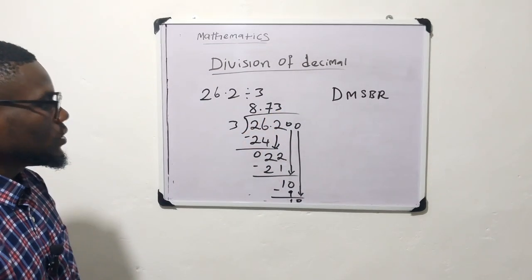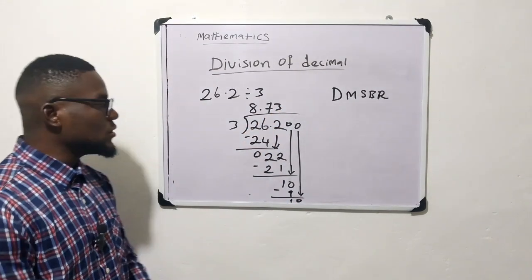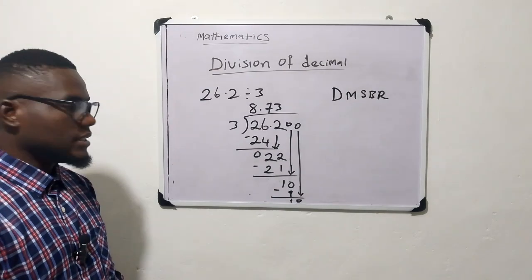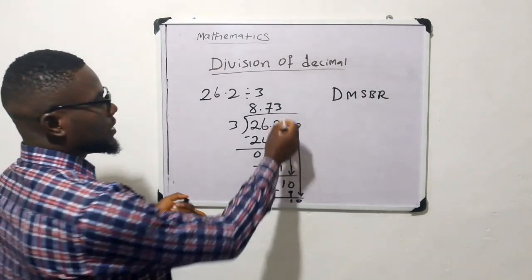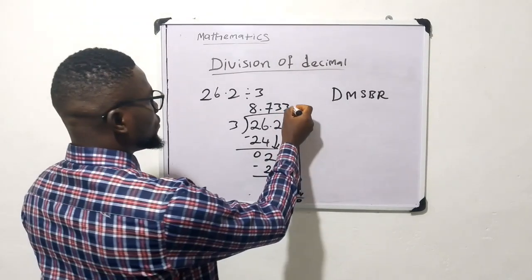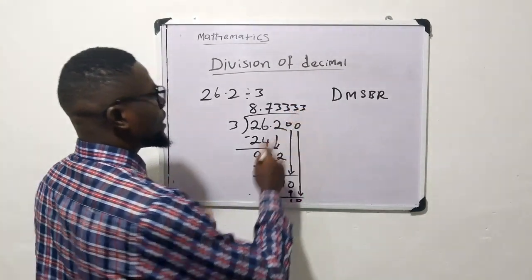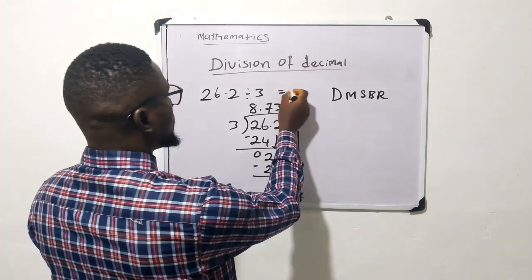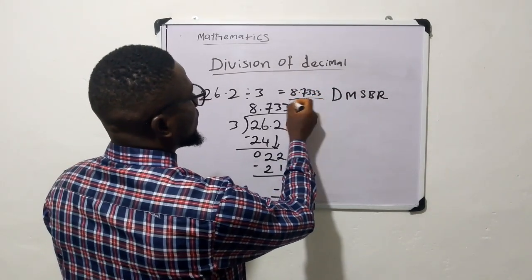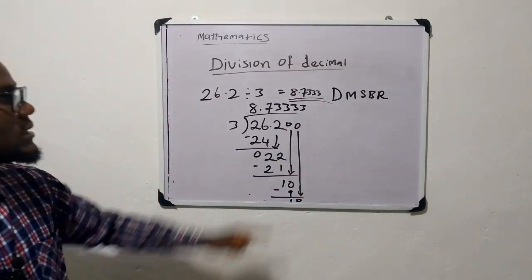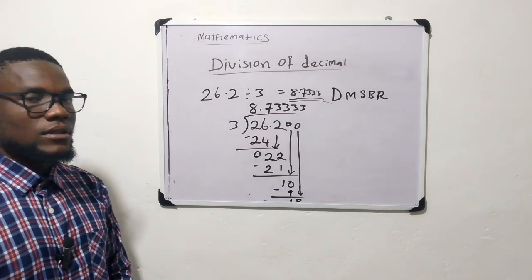All right. So if you divide this 10 here also, we still are going to have 3. Then it continues that way. We continue with the process, you have 3, 3, 3, 3, and it continues, equal to 8.7333 is the final answer. So we know that this is recurring decimal.